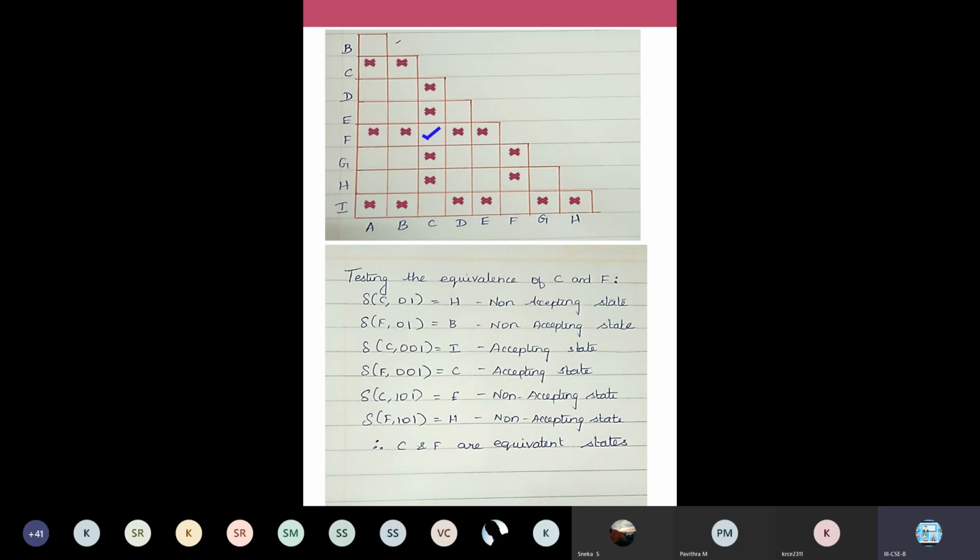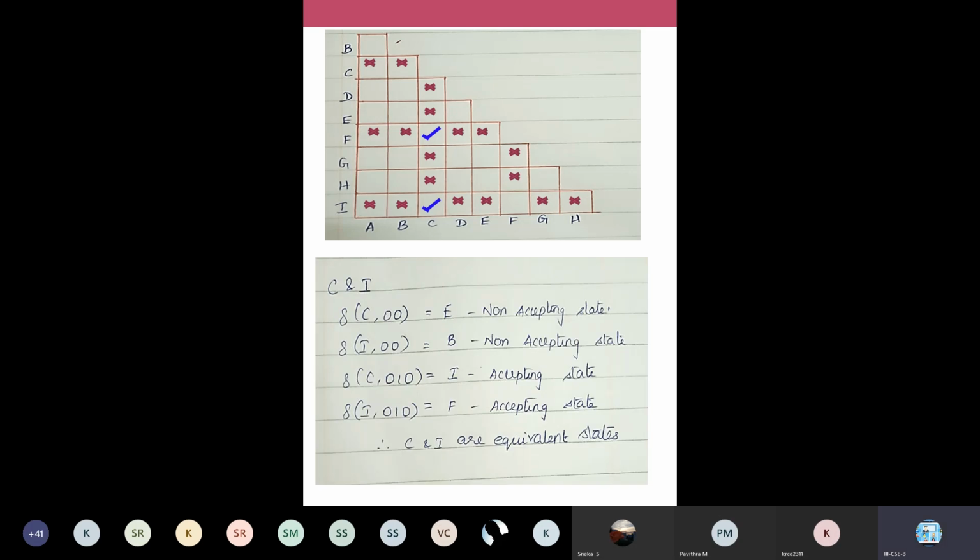So simply by seeing one string, you must not conclude equivalence. For equivalence, you have to check for the maximum number of possibilities. So next we will compare C and I. I is also an accepting state. Compare C and I. They are all accepting. Here also you apply any possible strings like 0 0.